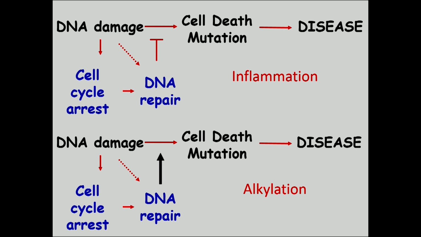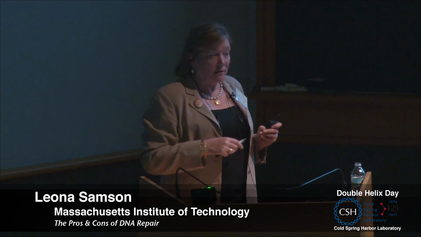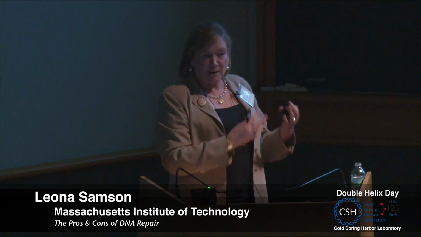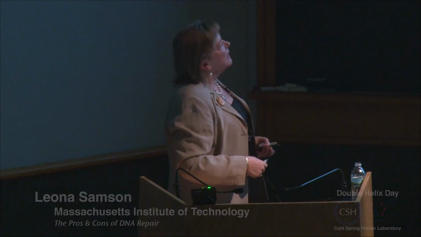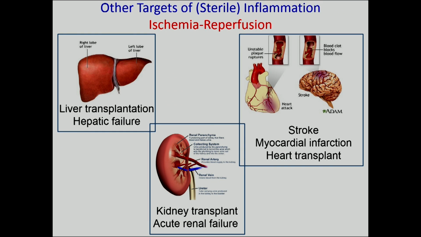And it seemed at this point that, okay, so for the Aag-initiated base excision repair, for inflammation, it's a good thing. For alkylation, it's a bad thing. It kills cells. And so we wanted to test the generality of this and wanted to look at another form of inflammation being induced in these animals.